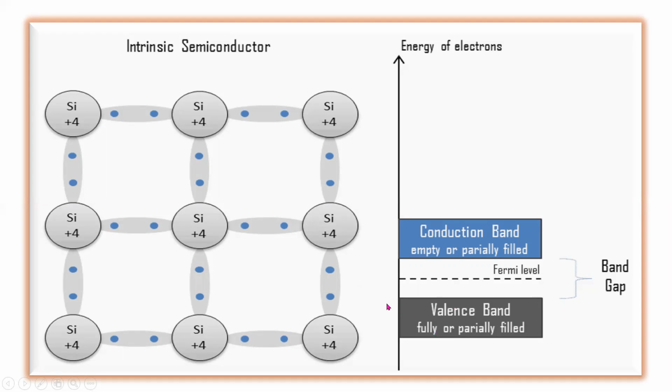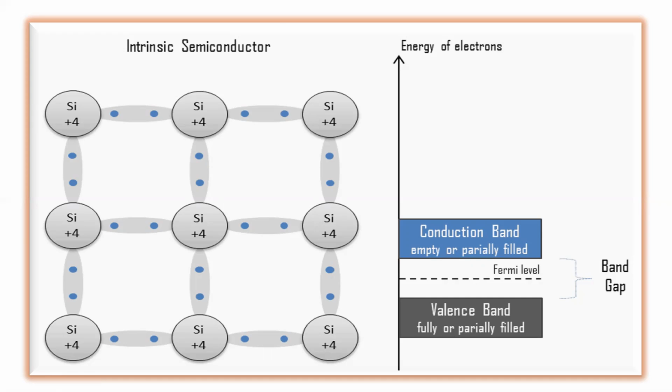When the temperature increases, these atoms absorb energy and start vibrations or oscillations. These oscillations break the bond between the two atoms. In between two atoms we have a covalent bond, and that is broken by these oscillations, releasing electrons. These released electrons are excited from the valence band to the conduction band.